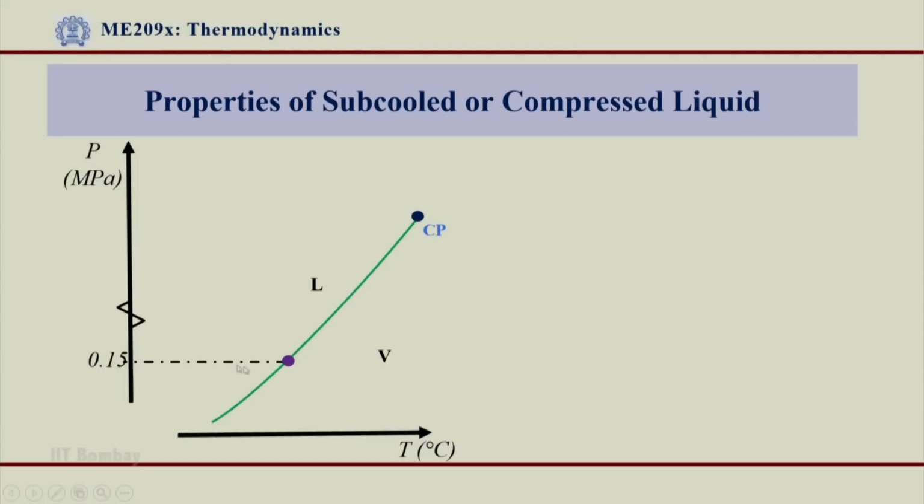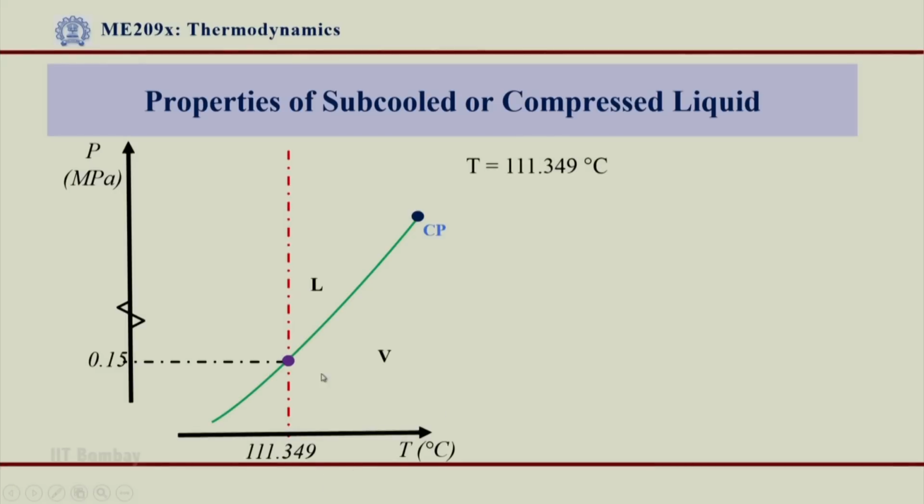Now, let us look at a specific pressure case, which is 0.15 MPa. One can take any pressure case, but I have just taken 0.15 MPa as an example. Corresponding to this, if I want to find out the Tsat value, I will just refer to table number 2 and get the corresponding temperature value, and this temperature value happens to be 111.349.